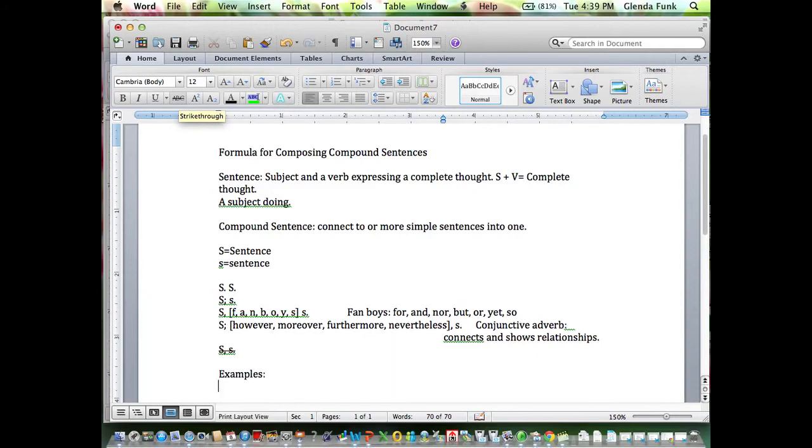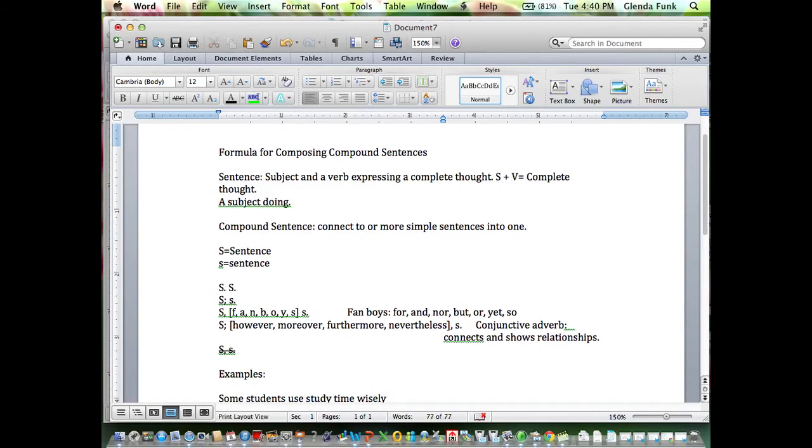The next thing I want them to do is write examples. So I write some examples for them. I might have a day like I had today when I have some students who weren't on task very well, so I wrote some sample sentences to make a point about being on task and using their time wisely. And I started with this sentence: some students use study time wisely.